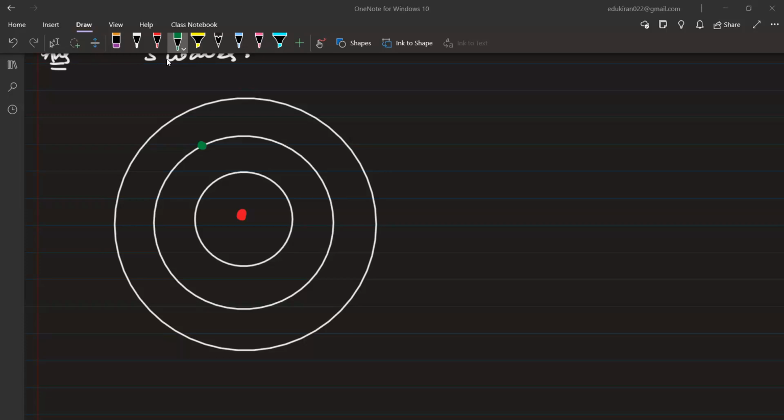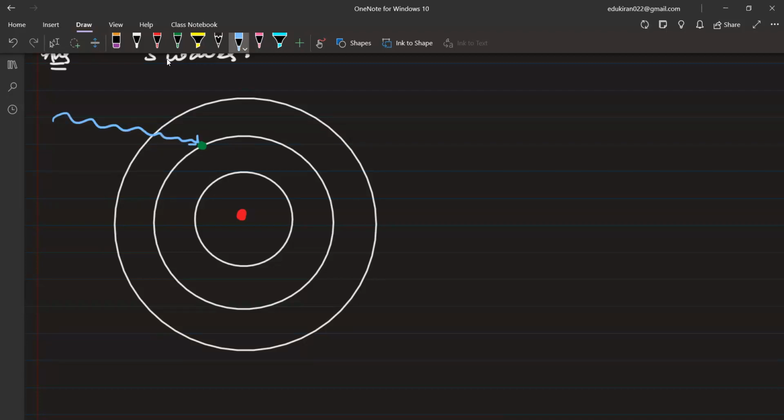Now, if I turn the lights off, will you be able to locate anything? No, sir. Similarly, in order to locate an electron, I have to shine light.